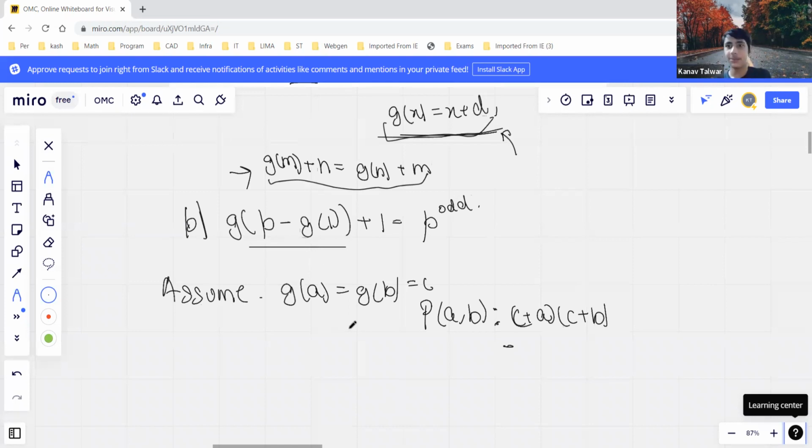I'll come to that in a moment. First, try to prove injectivity. So assume g(a) is equal to g(b) is equal to c. What do you do while proving injectivity? What are the steps you should do?